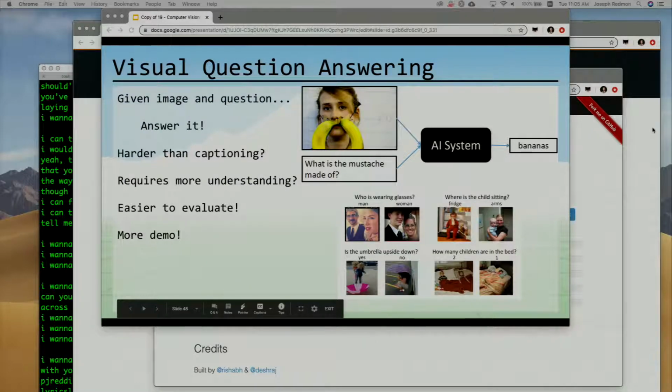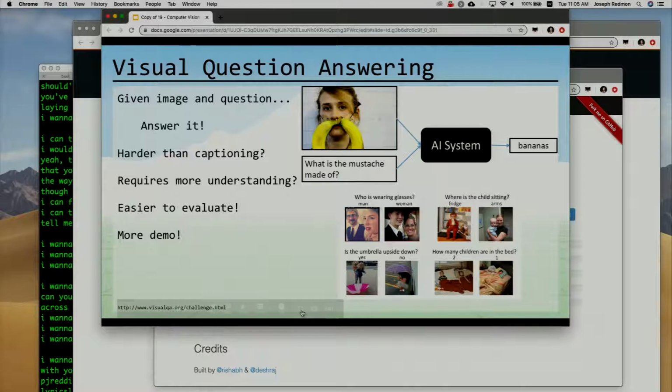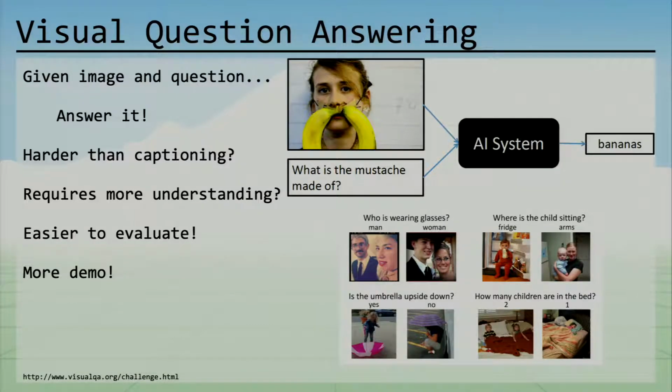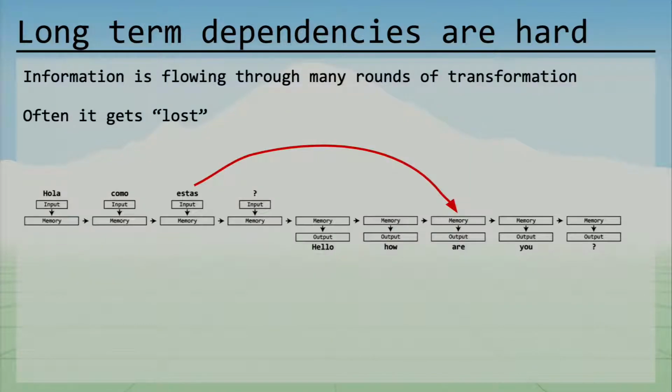And so the final thing that we'll talk about a little bit is that with all of these kinds of tasks, we still have this problem that long-term dependencies continue to be fairly difficult. You can think about translation, image captioning, question answering: it can still be hard for information to make its way through this network, through these many rounds of transformations, when we're using something simple like recurrent neural networks to do this processing.